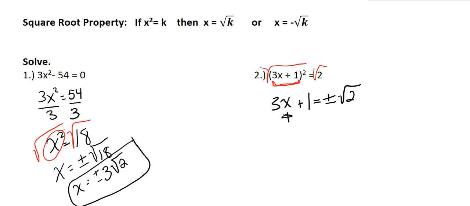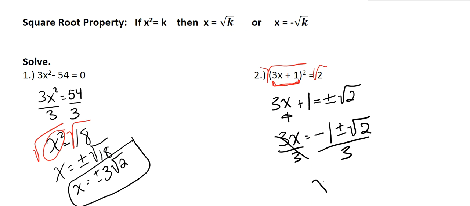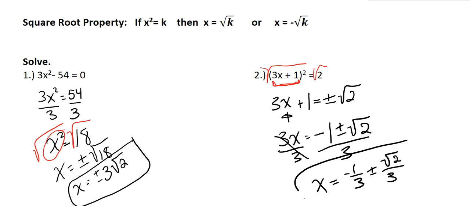From there, I'm going to isolate the x, get 3x equals negative 1 plus or minus square root of 2. We can't add or subtract those because they're not the same radical. And then finally, we'll divide by 3. Now I can separate it as negative 1/3 plus or minus square root of 2 over 3.